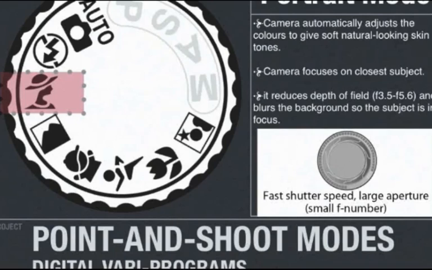In this mode, the computer within the camera says, okay, I know you're taking pictures of people, so I'm going to make the skin tones a bit more pleasing. It's not looking at it like a landscape mode, which is the next mode, but it's looking for the proper tones for skin.